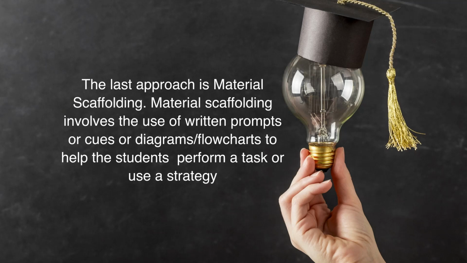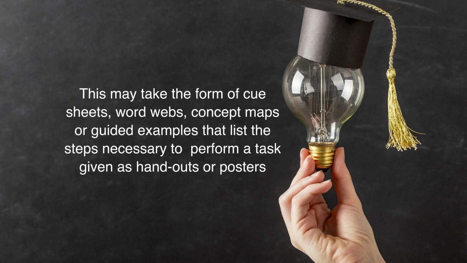Material scaffolding involves the use of written prompts or cues or diagrams or flowcharts to help students perform a task or use a strategy. This may take the form of cue sheets, word webs, concept maps, or guided examples that list the steps necessary to perform a task, given as handouts or posters to the students.